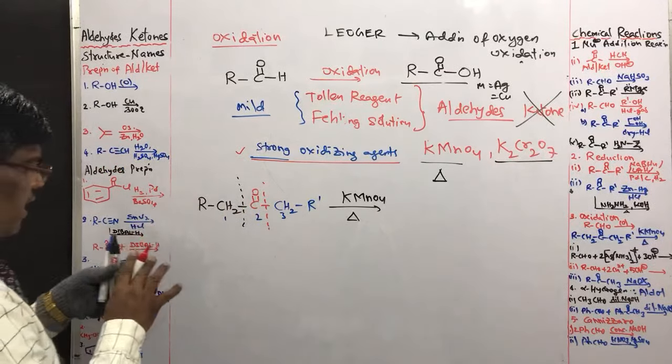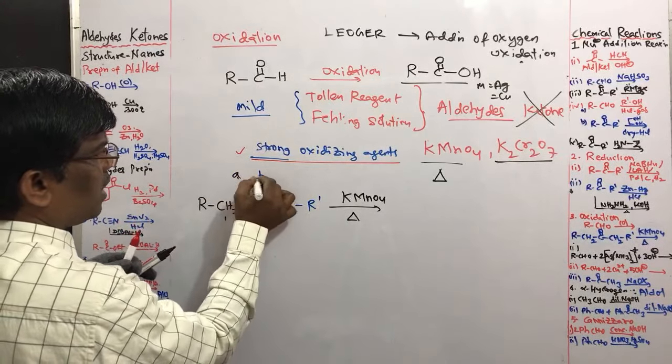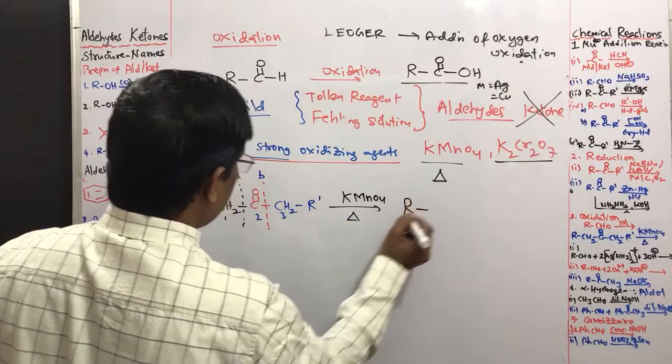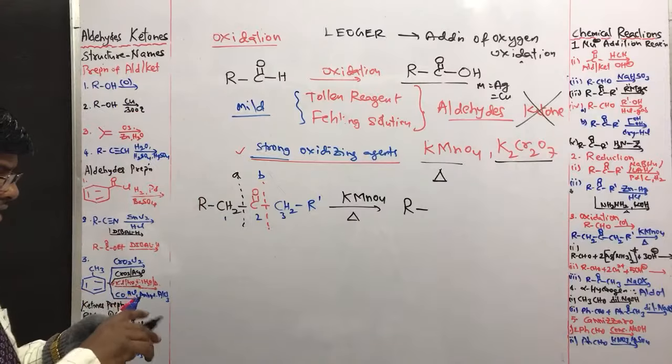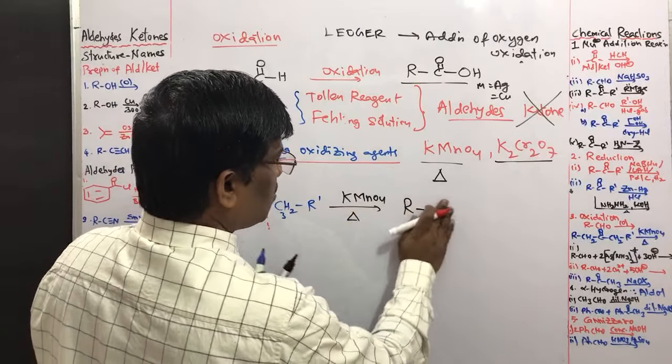Yes, so if I write this as compound A and this as compound B, let us write them one by one. R, so this CH2 is going to become an acid. Even this CH2 is going to become an acid.